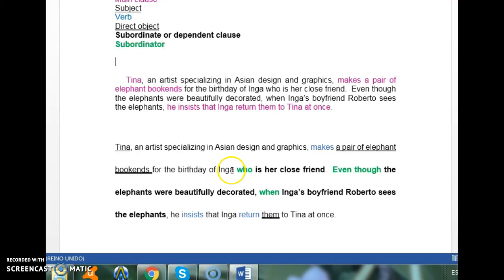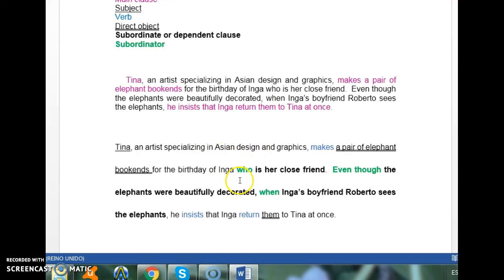Of Inga is also a prepositional phrase. Remember that prepositional phrases have several functions. Yes, they can function as adverbials, they can function as adjectives, as this one, for example, for the birthday of Inga, which is adding information about the bookends.